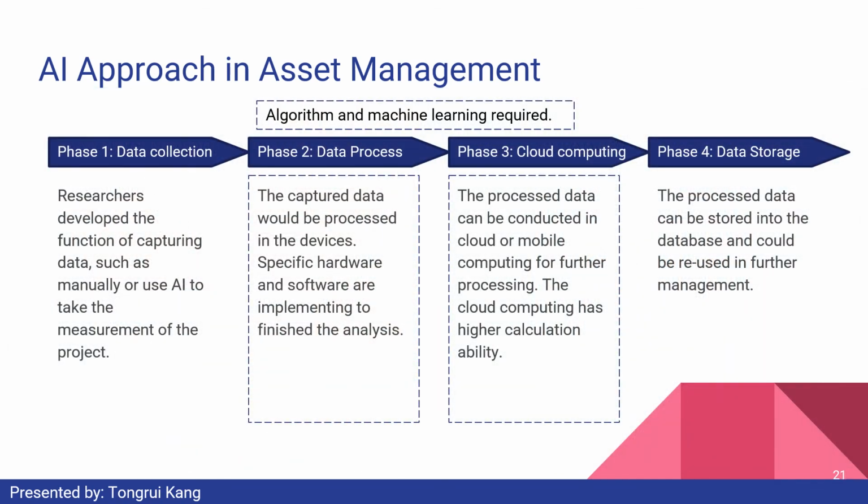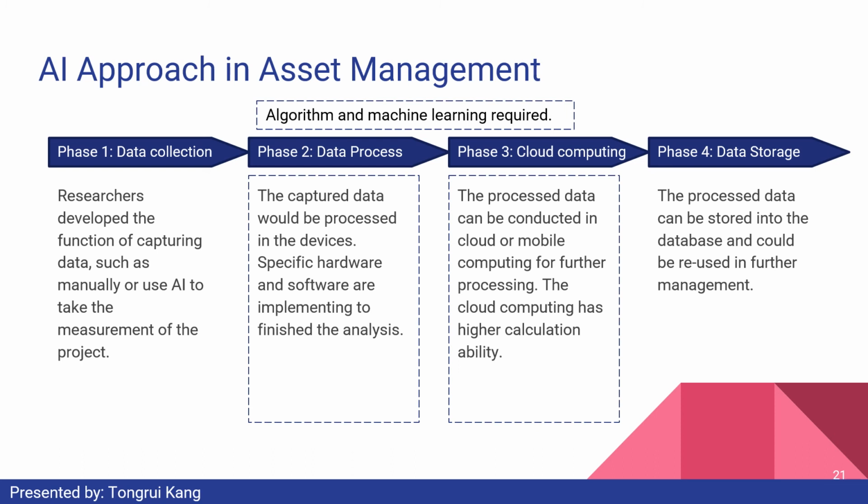The main idea of this approach is combining AI with cloud and mobile computing systems. AI techniques can be used for information gathering and processing. Researchers could collect information by taking pictures, mapping, or even letting the AI do the job. Cloud computing can be used for storing captured and processed information and used further in data analysis.